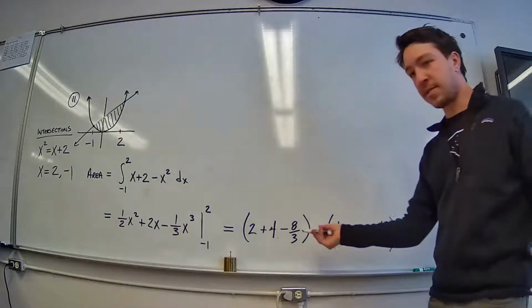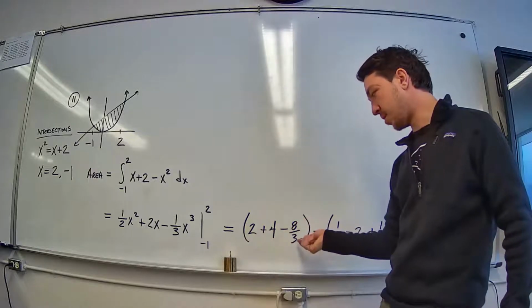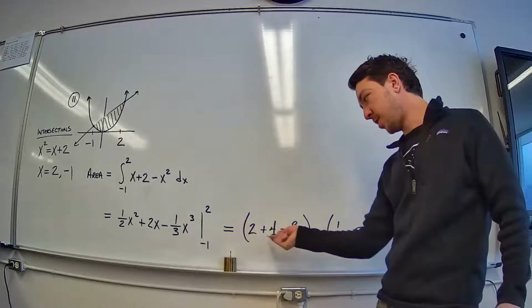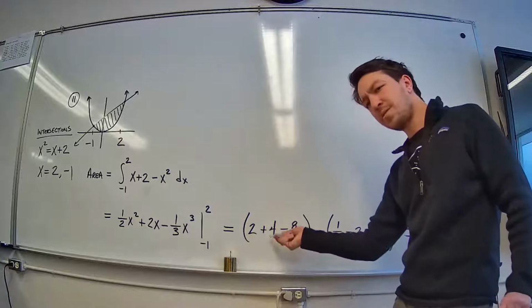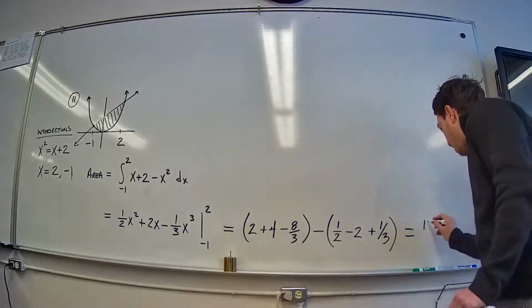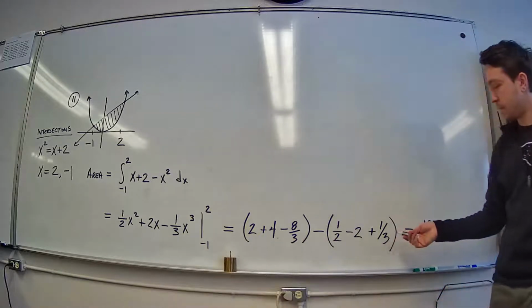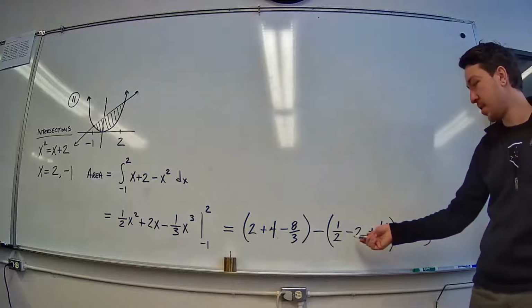And so I might show one intermediate step here, which is to go, well, I've got 6 minus 8/3. How many thirds is a 6? It's 18/3. So 18/3 minus 8/3 is 10/3. And then over here, ooh, this one's kind of ugly, isn't it?